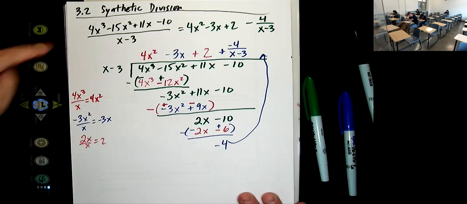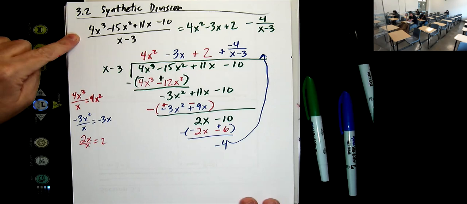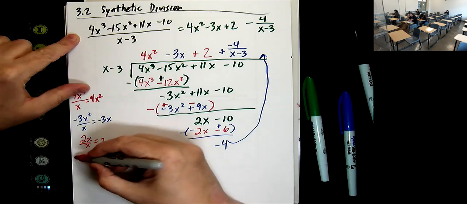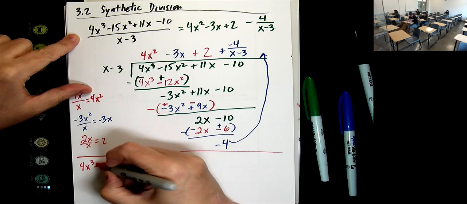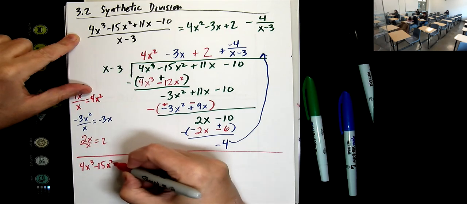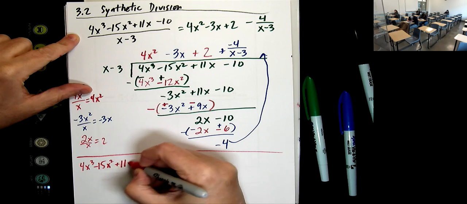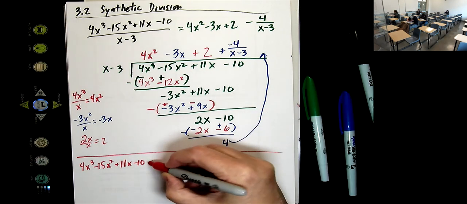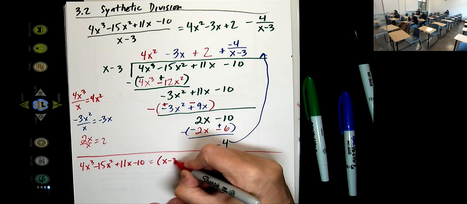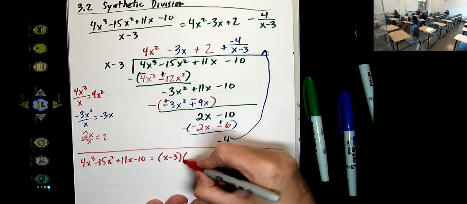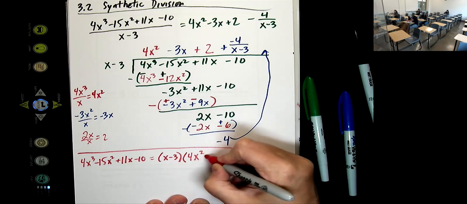I'm going to multiply through by x minus 3 right here real quick. If I do that on the left, it just gets rid of the x minus 3 on the bottom. And I am lazy, so I do not want to multiply the x minus 3 times that 4x squared minus 3x plus 2.